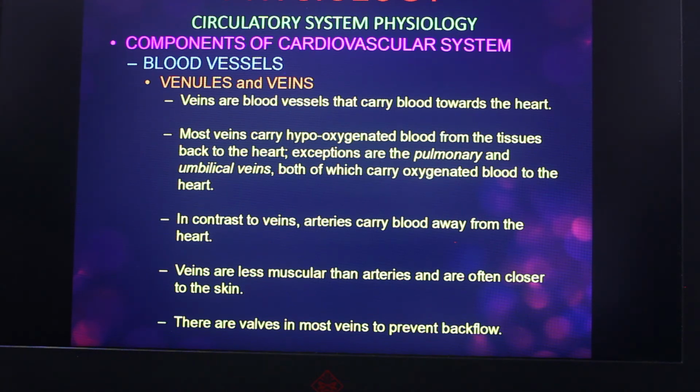Veins are less muscular than arteries and are often closer to the skin. There are valves in most veins to prevent backflow. Because the pressure in the vein system is quite low, in order for the blood to be propelled forward only, there are valve systems within the veins, especially within the veins of the lower extremities, to push the returning blood always towards the heart.